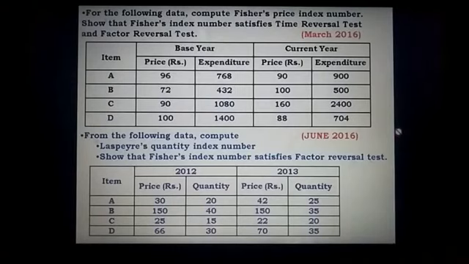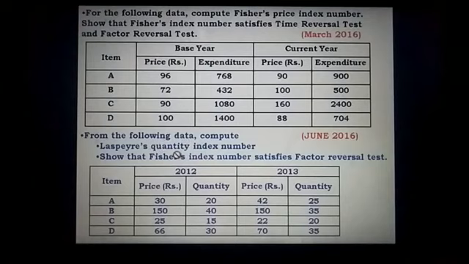And in June 2016, from the following data, compute Laspeyres' quantity index number, and show that Fisher's index number satisfies factor reversal test. So here it has been asked to calculate the quantity index number. Concentrate, students: it is asked for quantity index number, so don't calculate price index number.